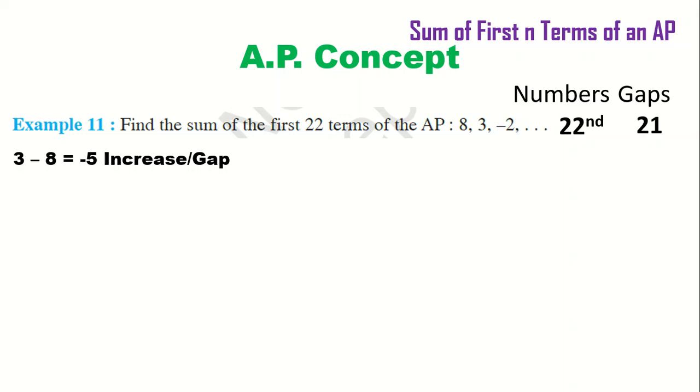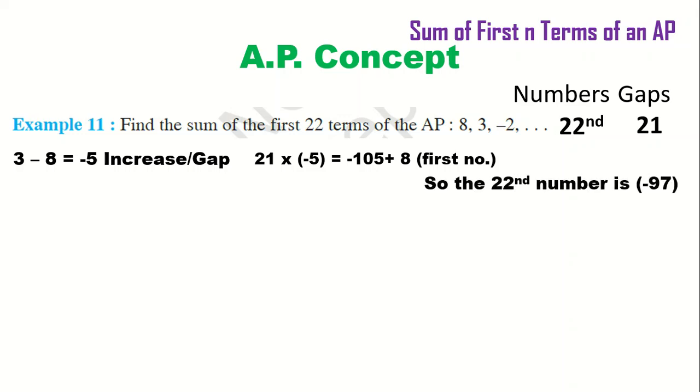So here the gap is minus 5 because this is a decreasing series. Since 21 gaps are there, 21 into minus 5 is minus 105, plus 8 as the first number, so you will get minus 97 as the 22nd number.